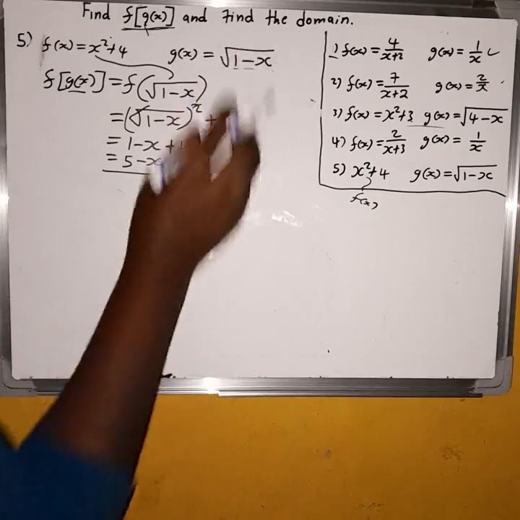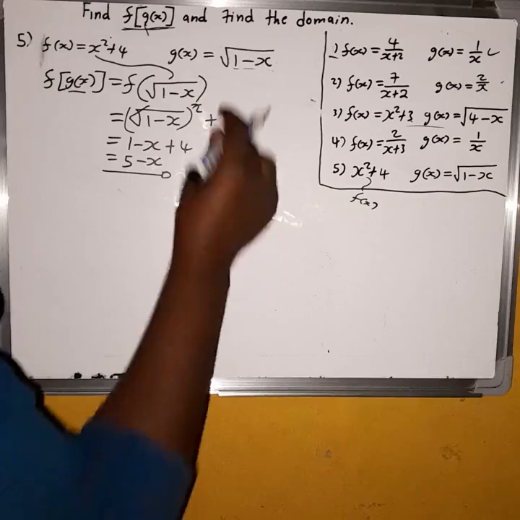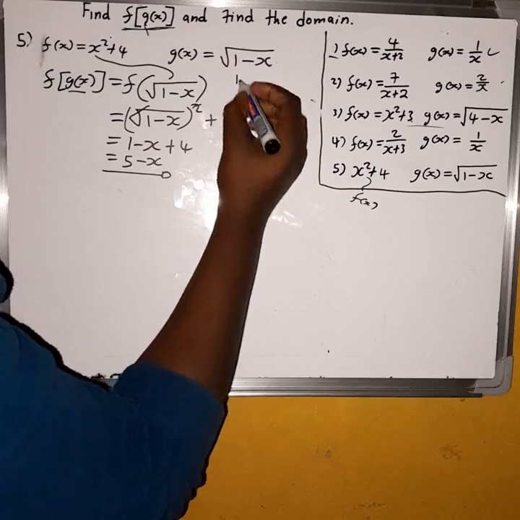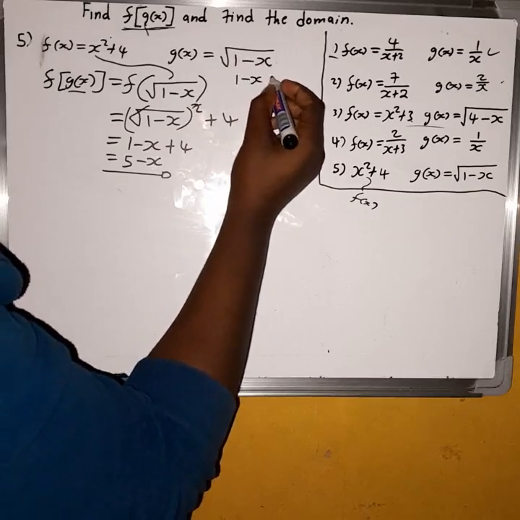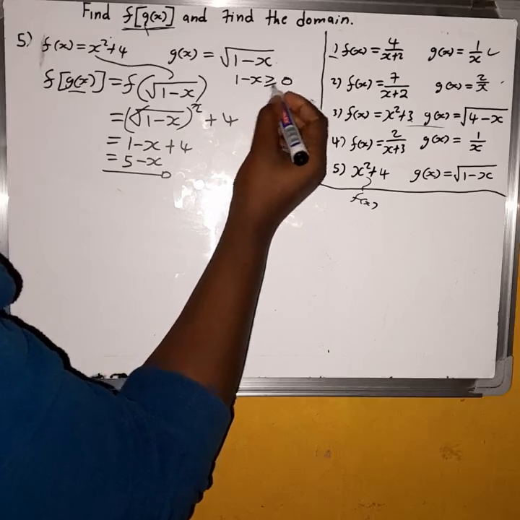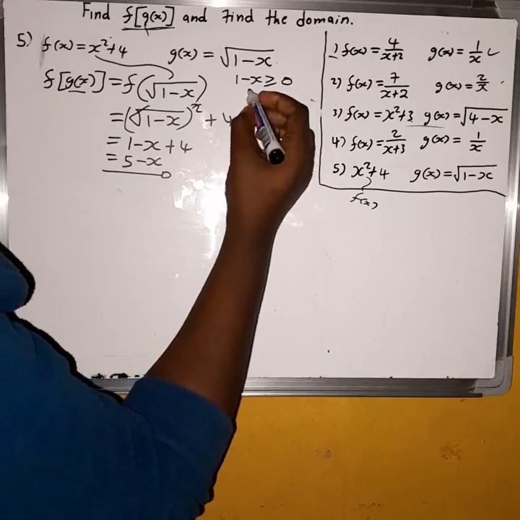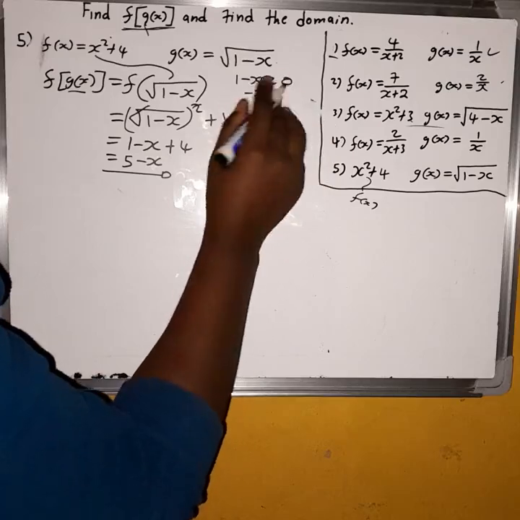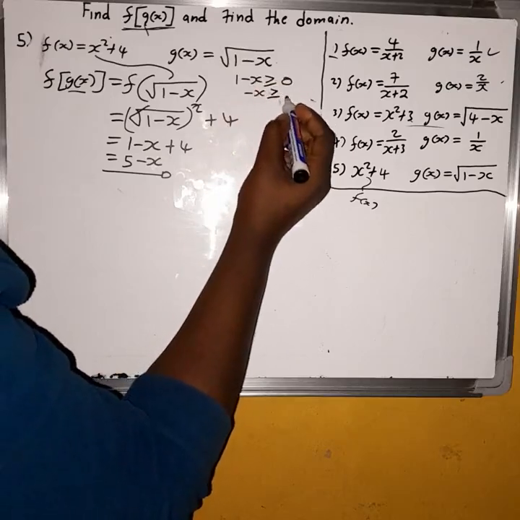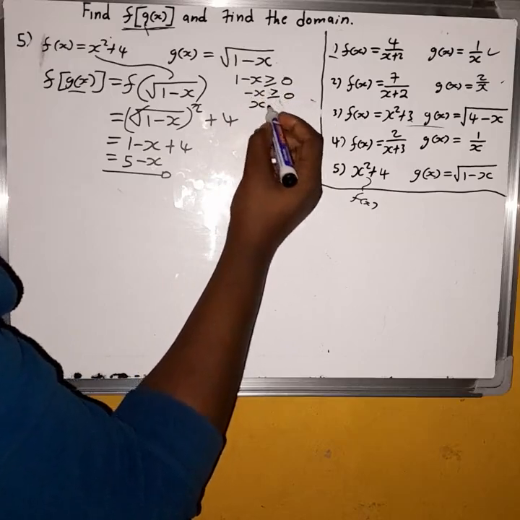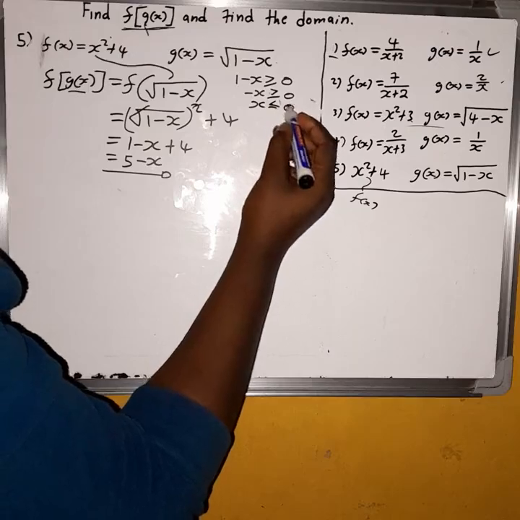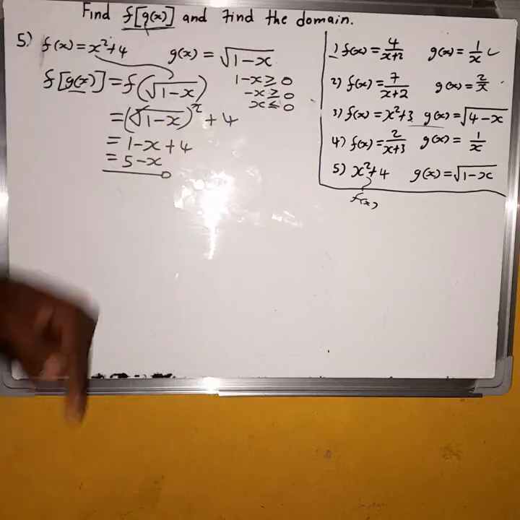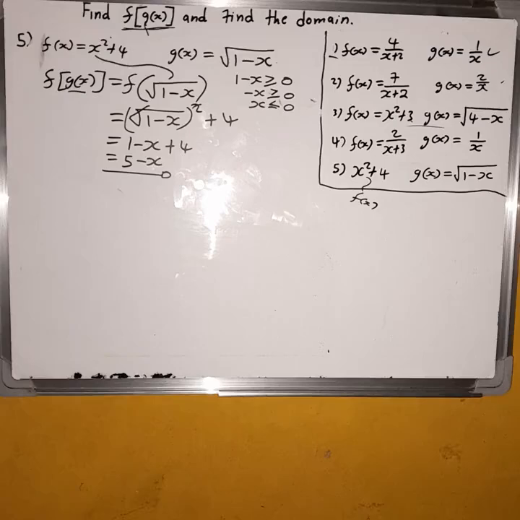So let us try and restrict that. There will be a restriction either way. So 1 minus x must be greater than or equal to 0. Then minus x must be greater than or equal to minus 1. Then when you divide by a negative, the inequality changes direction.